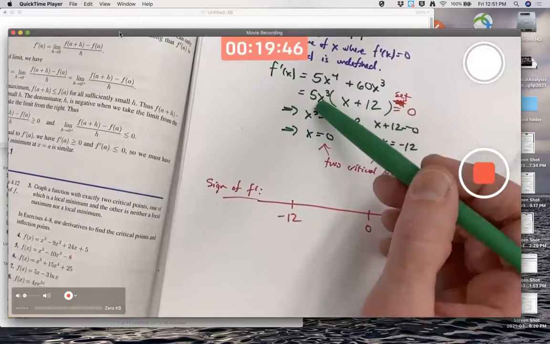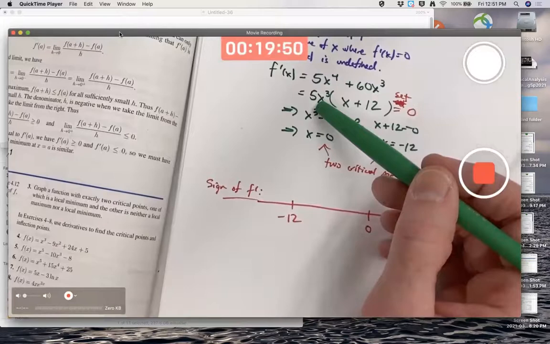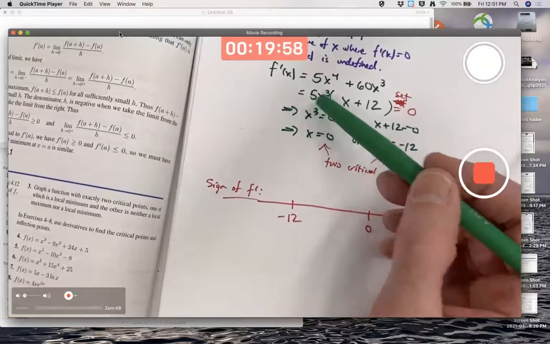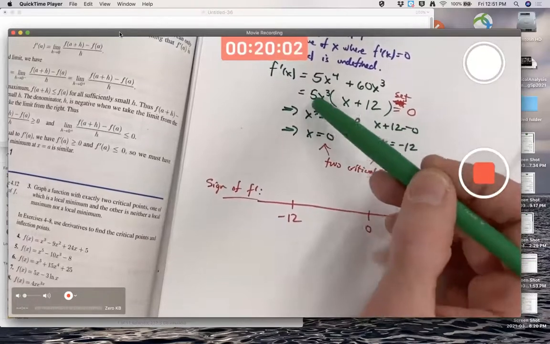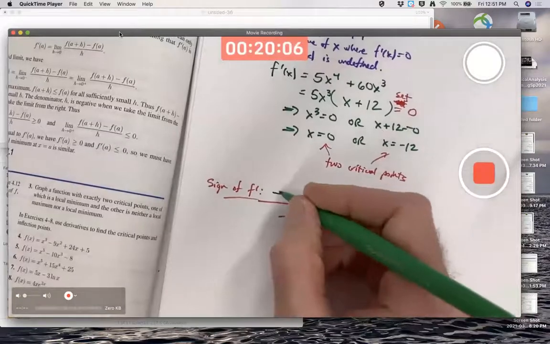Negative 13 cubed is some huge negative number. Important thing is that it's negative. Times positive 5 is still negative. Negative 13 plus 12 is negative 1. Positive times negative is positive. The derivative is positive here.